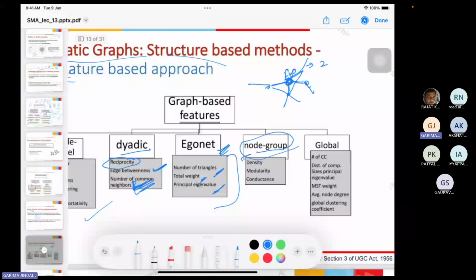Then node group. Again, you can consider a group of nodes. Based on some property, you might want to identify a group of nodes or communities, as we have already studied various algorithms to identify the communities in the network. After identifying the communities, you want to see what the values of the nodes in this particular community are.